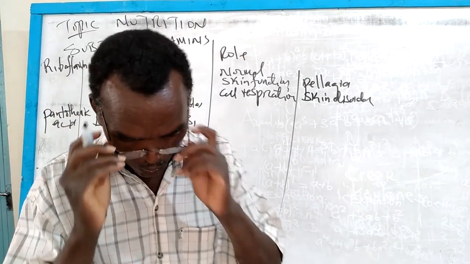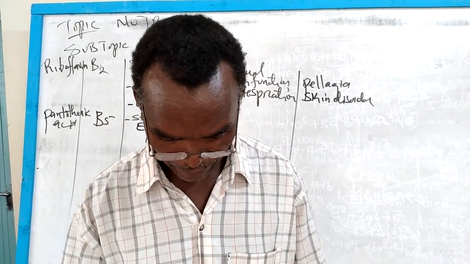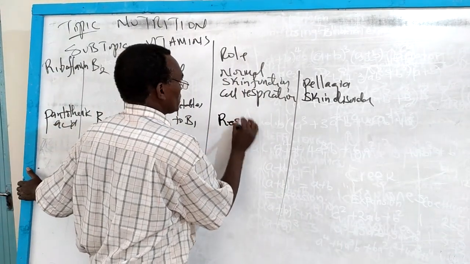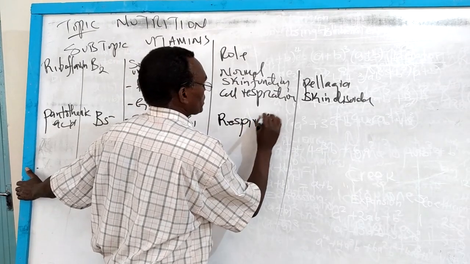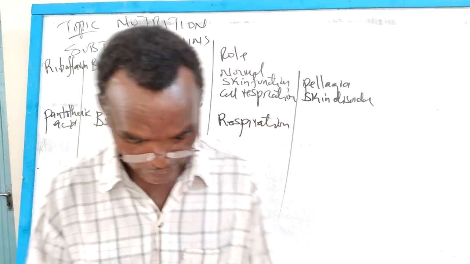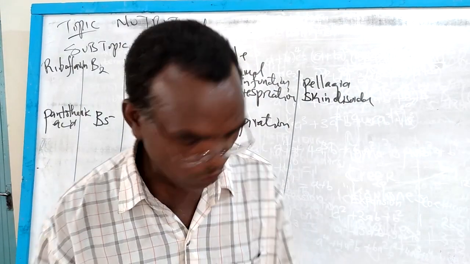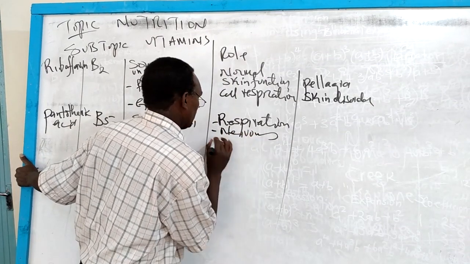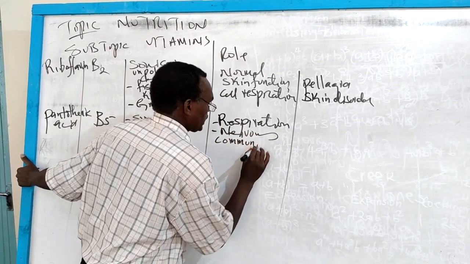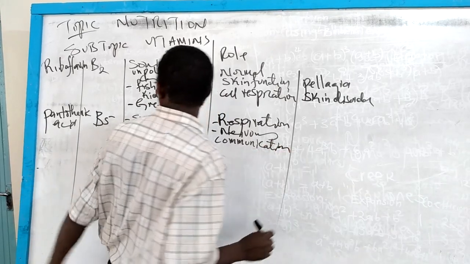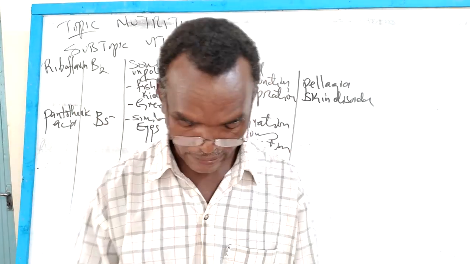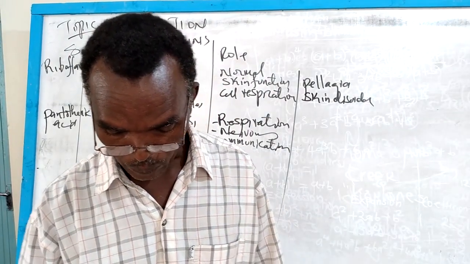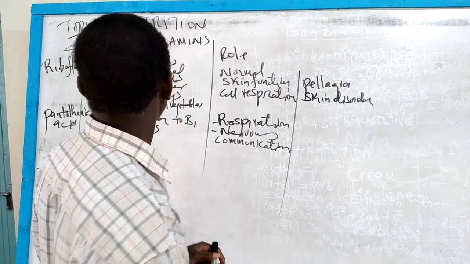What is the role of B5? Again, this is needed for respiration. It boosts the process of respiration. It is also needed for the normal functioning of the nervous system, so nervous communication. When a person does not have this vitamin B5, we have something wrong with the nervous system.